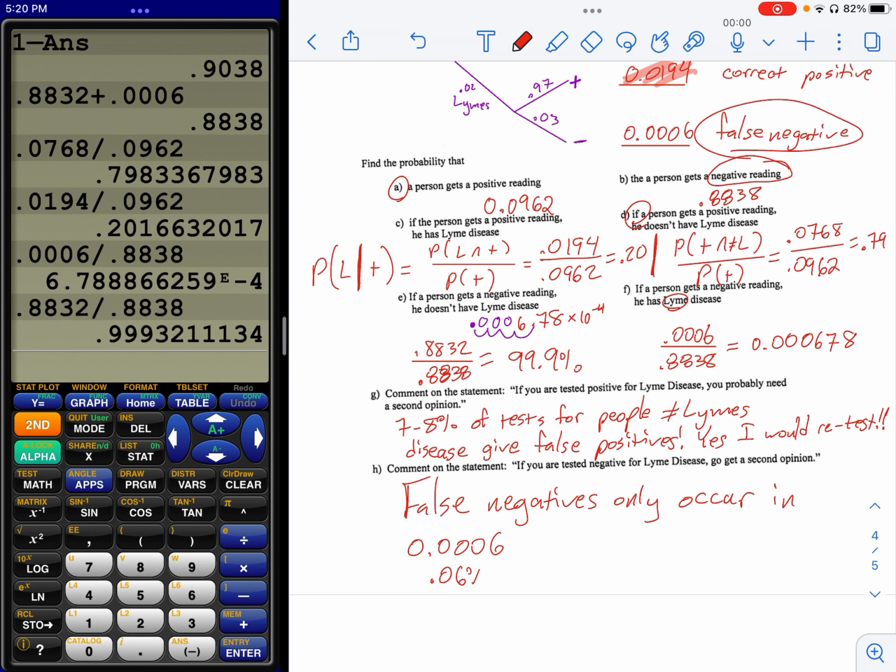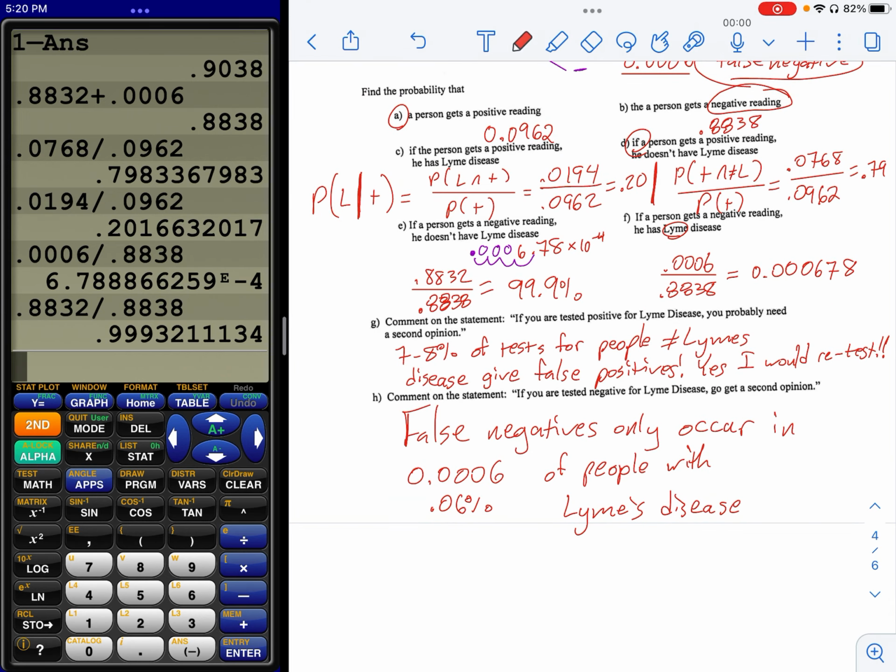In 0.06% of people with Lyme's disease. So that's these people have Lyme's, but the test for some reason was negative. That almost never happens. So a second opinion isn't really necessary.